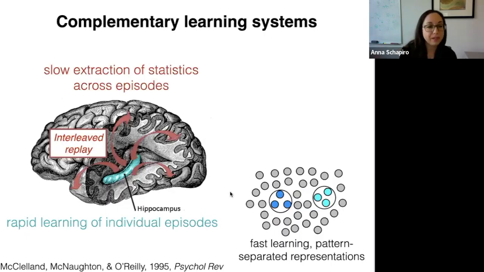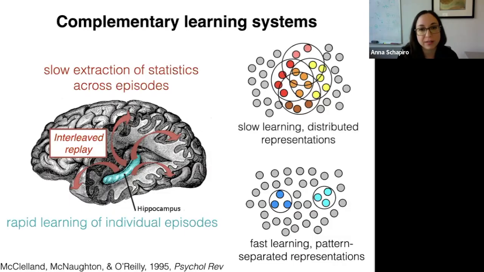And then the hippocampus can replay those experiences offline, maybe especially during sleep, and that would allow the neocortex to slowly accumulate the statistics across those experiences in the way that allows you to ultimately build up that nice distributed representation that will allow you to see how everything's related and generalize.